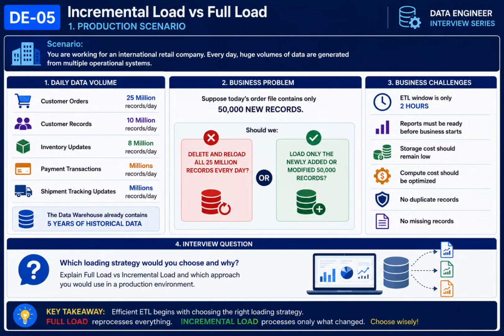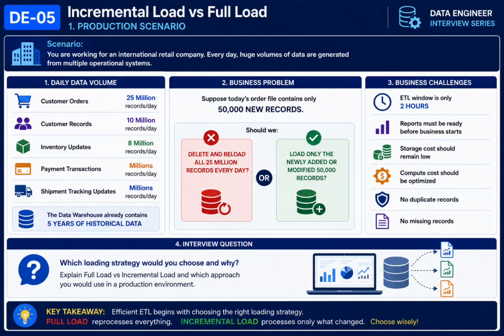that changed today? If I reload everything every night, the ETL job will take much longer. It will consume more CPU, memory, storage, and network bandwidth. As the data grows, the processing window keeps increasing, and eventually the report may not be ready when the business starts its day.